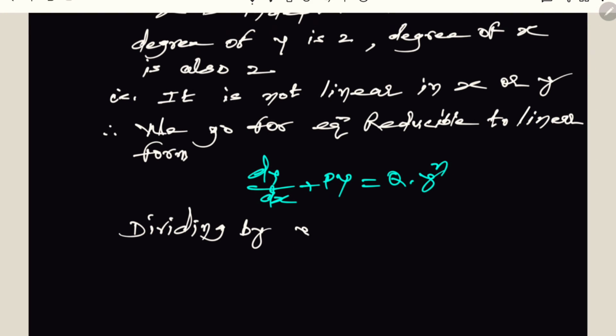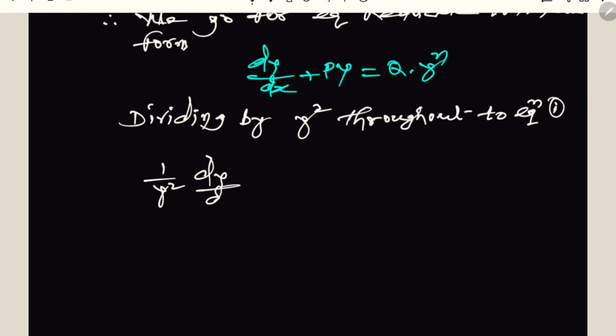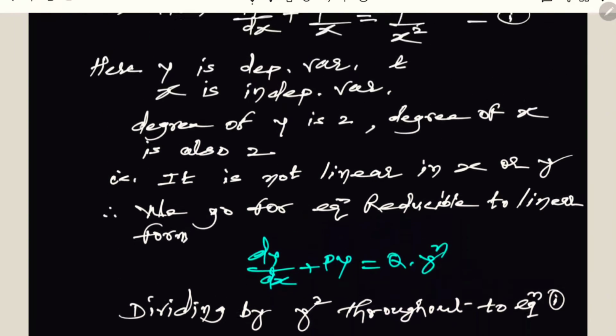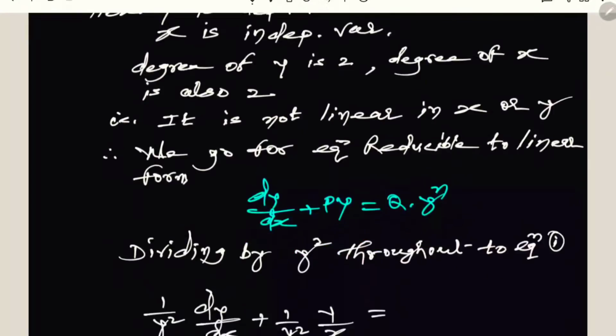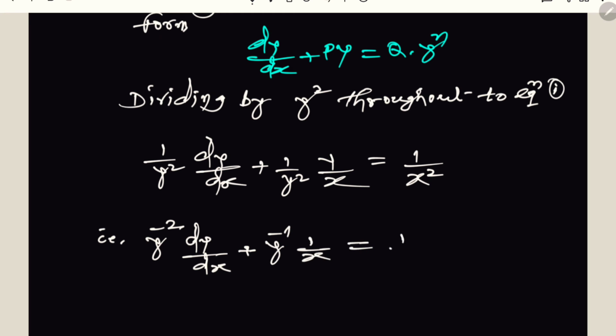Therefore, dividing by y square throughout, we get 1 by y square into dy by dx plus 1 by y square into y by x is equal to 1 by x square. Transferring, we get y raised to minus 2 into dy by dx plus y raised to minus 1 into 1 by x is equal to 1 by x square. We call this equation number 2.